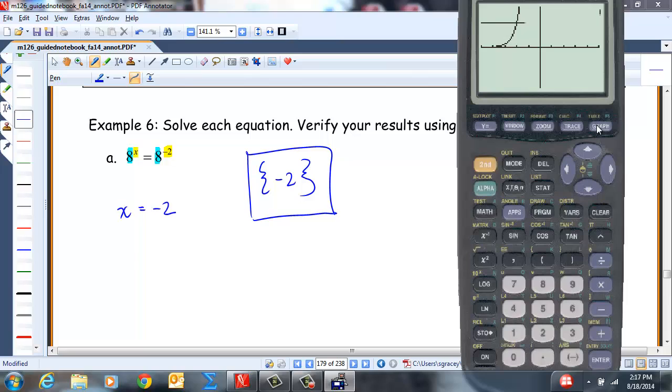There we go. Then if we go to second, calculate, intersect, we get x is -2.